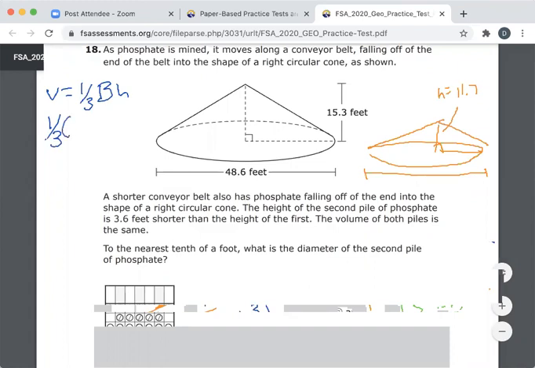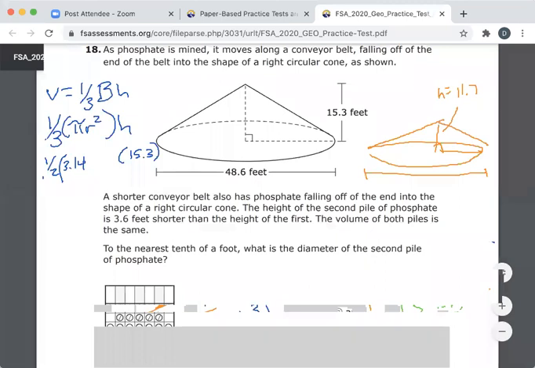So 1/3 times pi r squared, because the area of a circle is pi r squared, times the height. So that's the formula. And now we can plug in for what we know. We know that the height is 15.3. And we know that pi is 3.14.